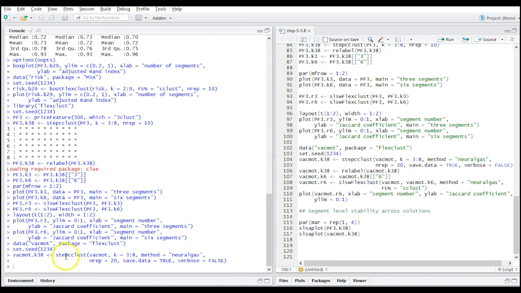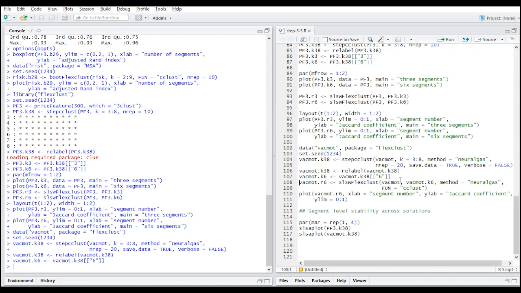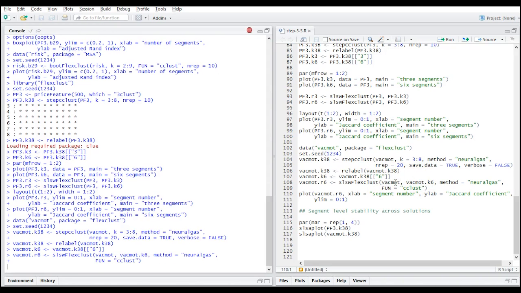Alright, so once stepFlexclust finished, we have the returned object. We can relabel again our sequence of partitions, and we can extract the 6-segment solution. Then we can run function slswFlexclust on that 6-segment solution using the dataset, and we want to use again the method neural gas for finding the partition using the cclust function.